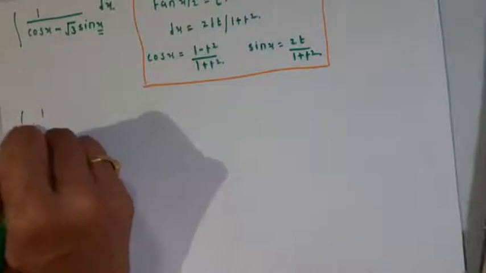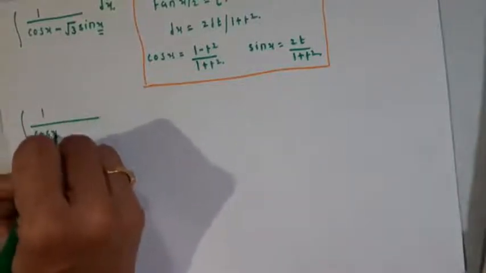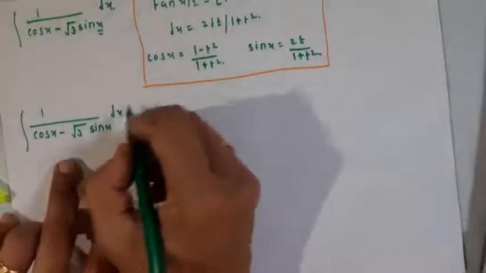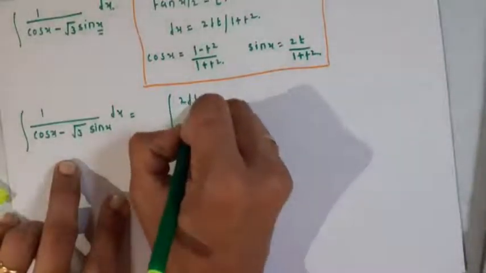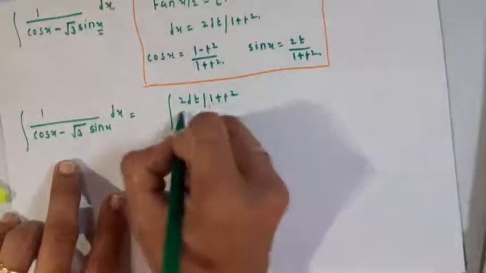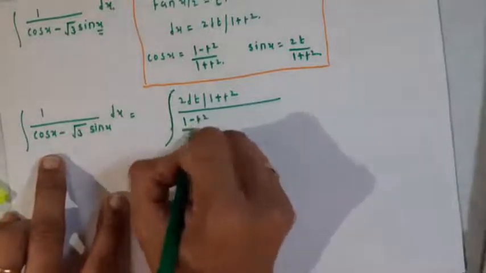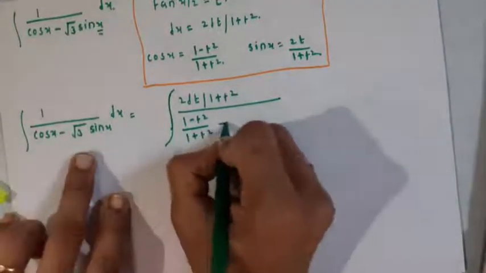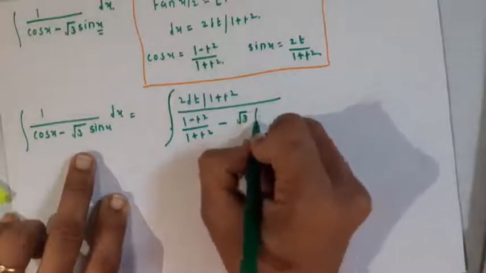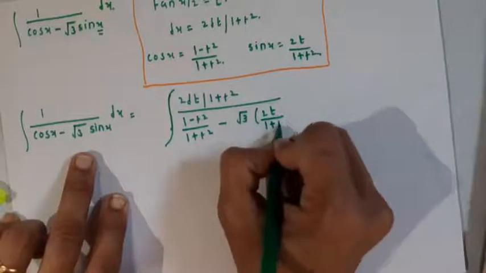Now the integral becomes the integration of 1 upon cos of x minus root 3 sin x with respect to x, and this is equal to, the value of dx is 2 dt upon 1 plus t square, upon cos x, which is 1 minus t square upon 1 plus t square, minus root 3 into 2t upon 1 plus t square.